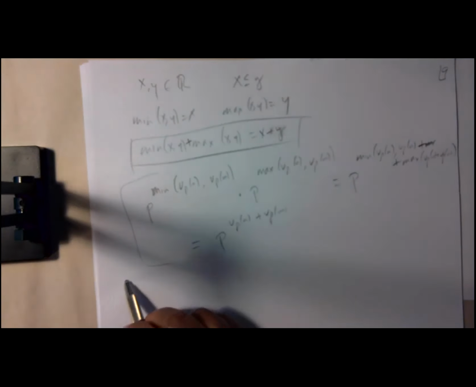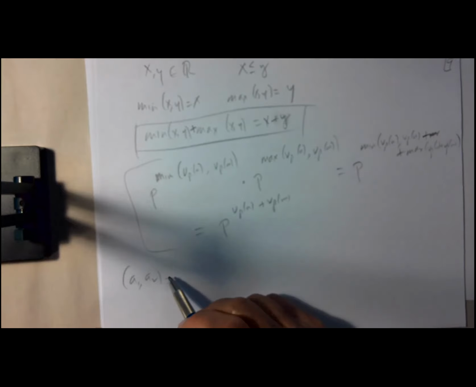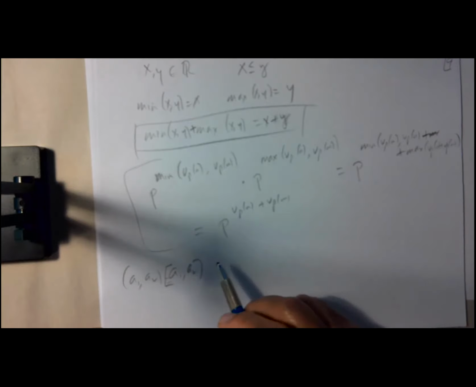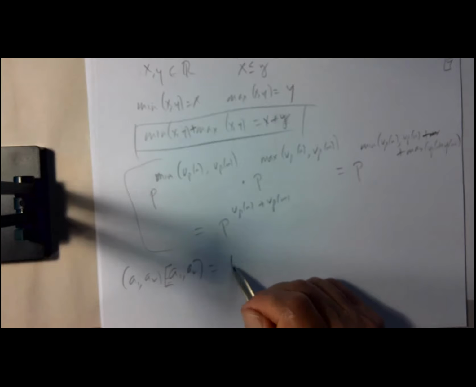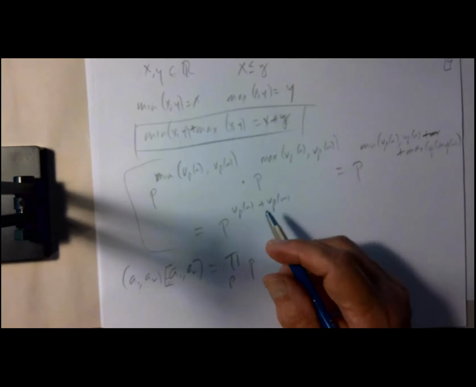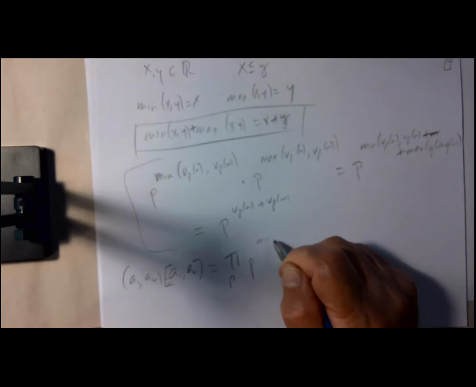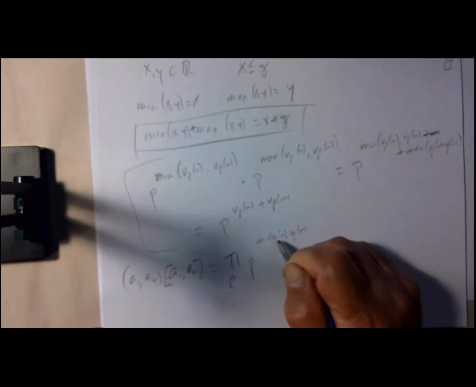So if I take the greatest common divisor of 2 numbers, a1 and a2, times the least common multiple of those 2 numbers, the GCD, the greatest common divisor, is the product over all primes p to the minimum of v_p of n, v_p of m.